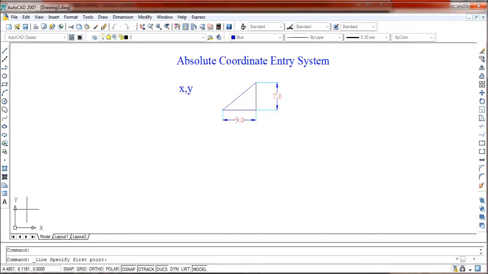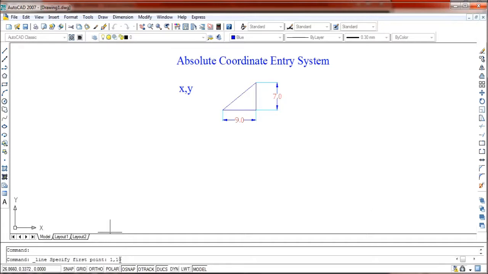The first point with the absolute coordinate entry system, which I need to specify, is 1 comma 10. So 1 is the x value, because the x value must be written first, then a comma, then 10. This means my first point will be located by shifting 1 distance towards the x-axis from the absolute reference point, which is the bottom left corner of the AutoCAD screen or drawing area.